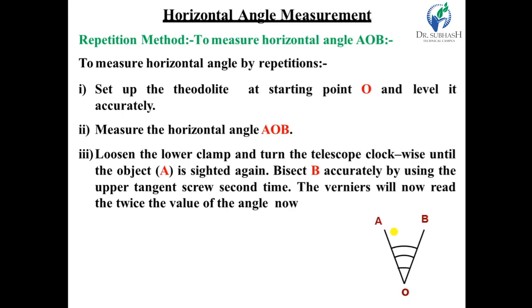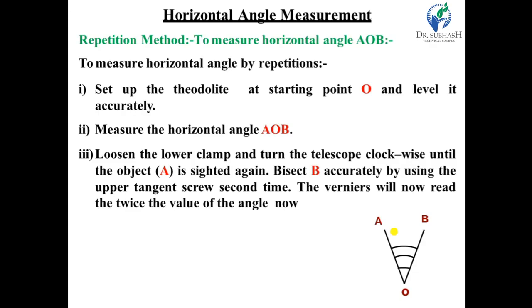For the repetition method, we have to set up the theodolite at starting point O and level it accurately. To measure the horizontal angle AOB, loosen the lower clamp and turn the telescope clockwise until the object A is sighted again. Bisect B accurately by using the upper tangent screw a second time.